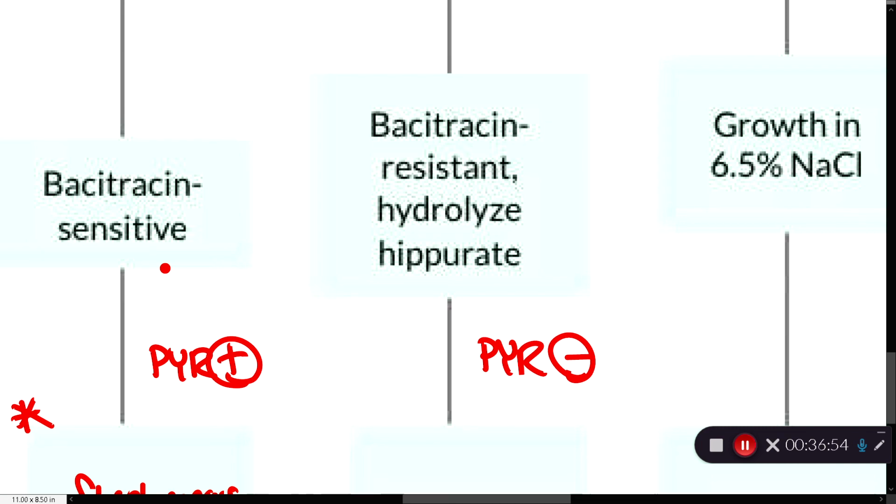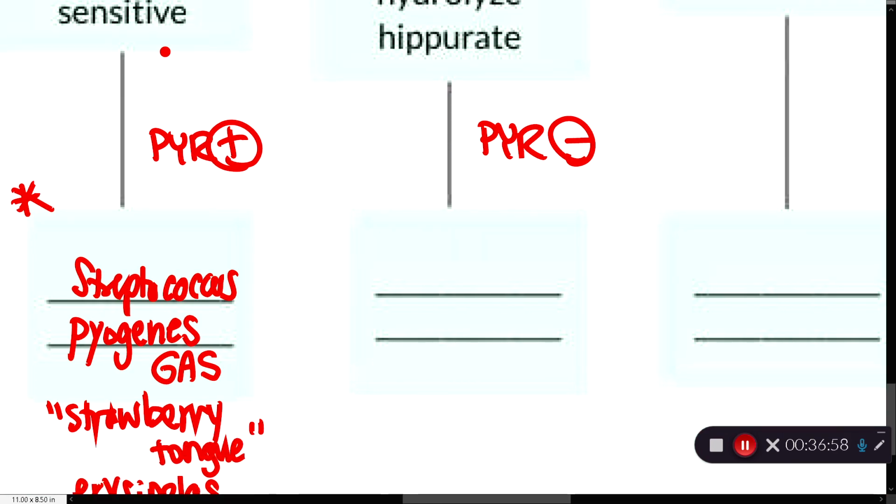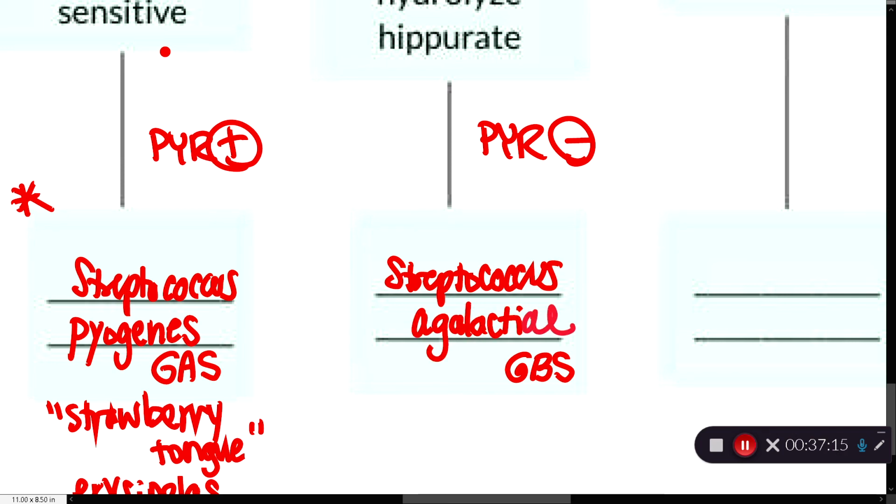You might also see this agent associated with dairy products, and it'll be sometimes referred to as your group B strep. So this is your Streptococcus agalactiae. Okay.